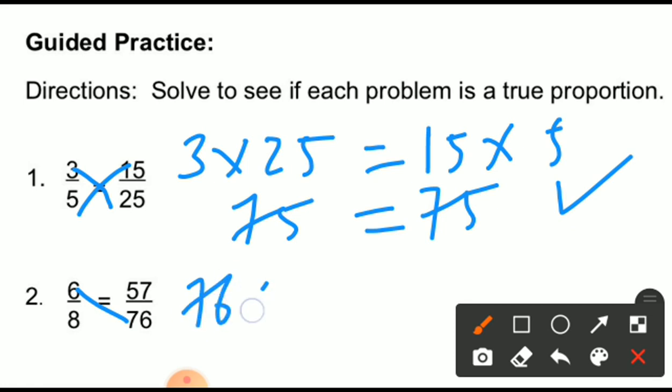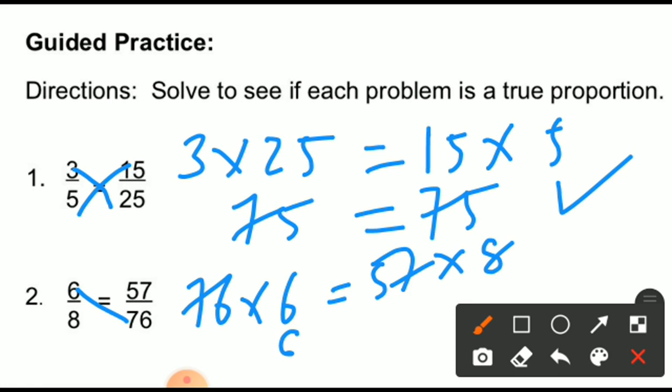Okay, now look at here. 76 into 6 is equal to 57 multiplied by 8. Oh, very nice question. Now what I have to do here, beta? Nothing. I can multiply this one. 6 6s are 36, 3 is the carryover. 7 6s are 42 plus 3 is 45. Oh, good answer.